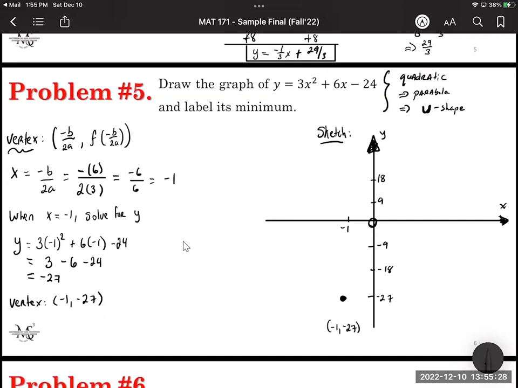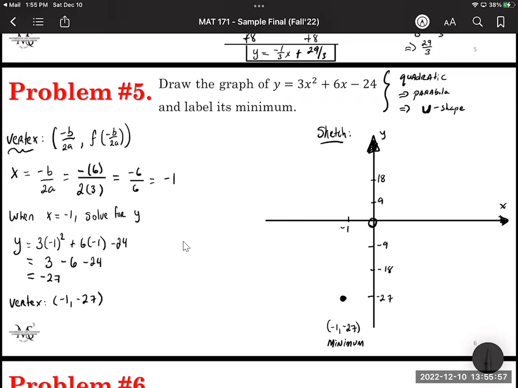Now, before I make my parabola, let's just think about it. Is this ordered pair negative 1, negative 27, this vertex, going to be a maximum or minimum? A minimum. It's the smallest value. Now, because it's a minimum, that would imply that the parabola is going to open up or down? Up.